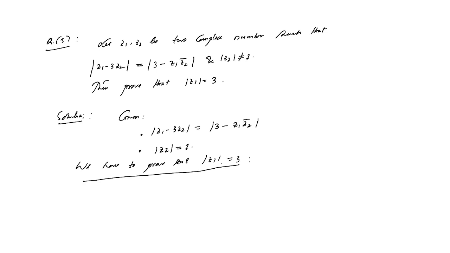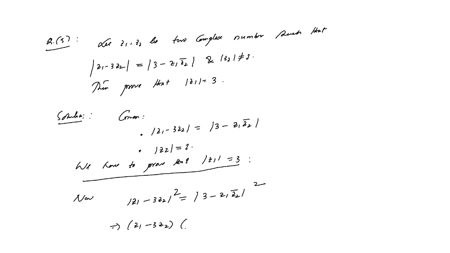Now we'll use the given condition: mod of Z1 minus 3Z2 equals mod of 3 minus Z1 Z2 bar. We take the square of both sides so that we can calculate it easily.